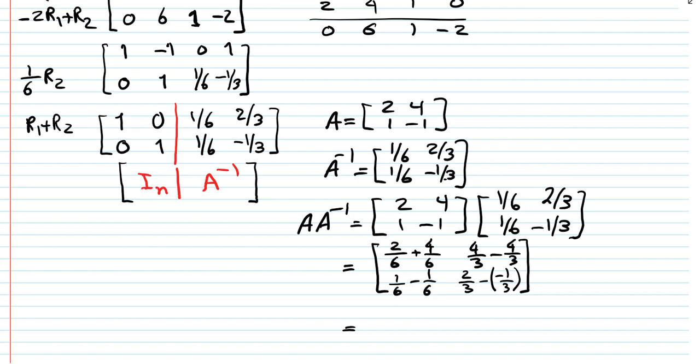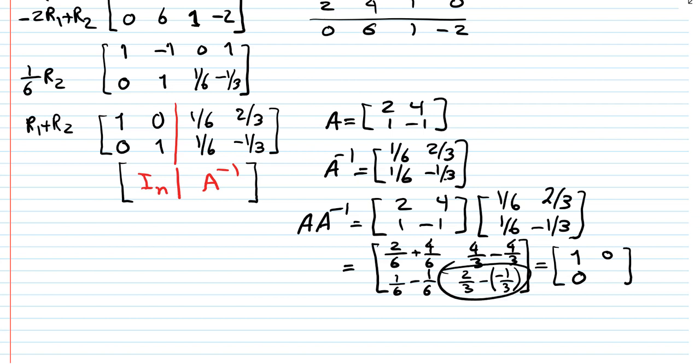Next, let's just combine the fractions. 2/6 plus 4/6, that's 6/6. That's 1. Next to that, 4/3 and -4/3, they're opposites. They add to 0. And the lower left, opposites add to 0.